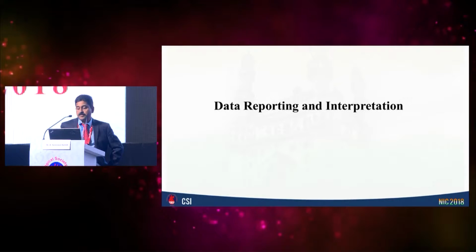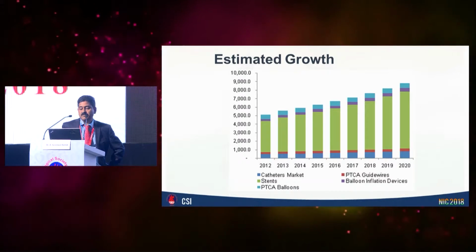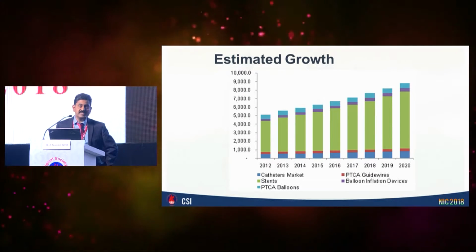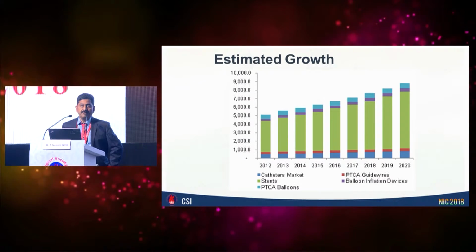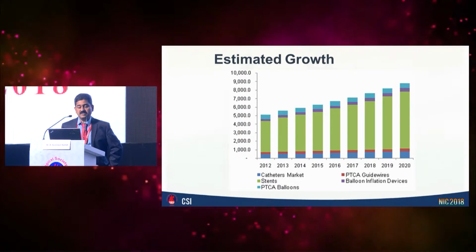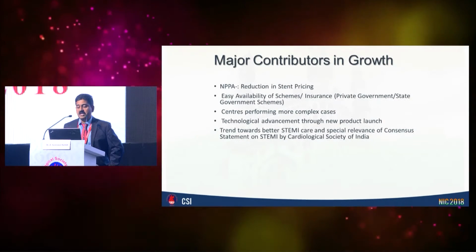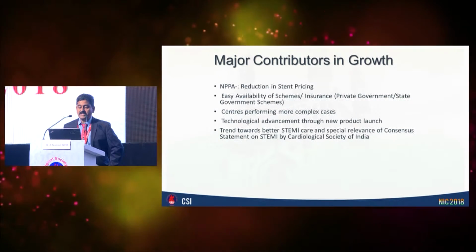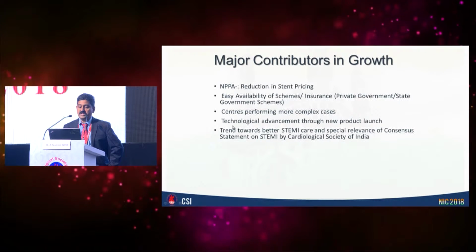Data reporting and interpretation: this is how we need to see it. In the changing scenario, there is estimated growth of stents and balloons, and nowadays with the policies coming up on no reuse and reuse, the numbers would go up for cath lab accessories as well as stents, with decreasing pricing. This we need to understand. Other contributors to the increase in volume are that more and more centers are equipped and more cardiologists are getting trained.